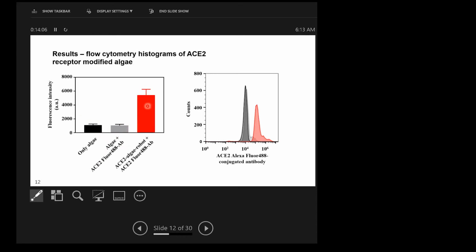In contrast, these ACE2 algae robots incubated with the fluorophore-labeled antibody show a significant increase in the fluorescent intensity compared to these two control groups. Such results further reflect the effective conjugation of the ACE2 receptors onto the algae by click chemistry.